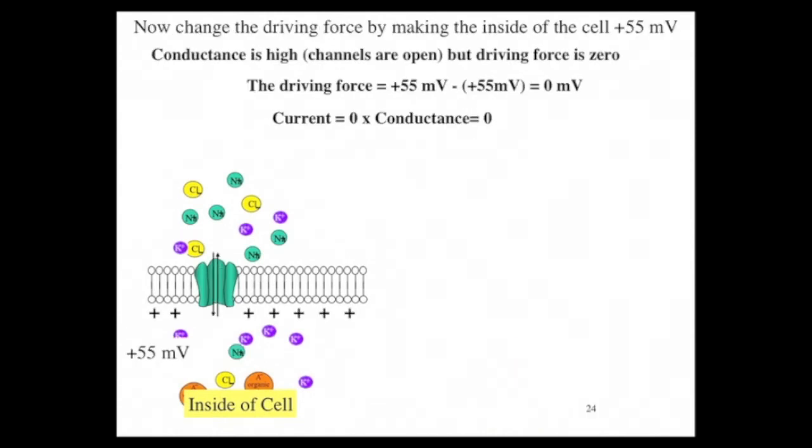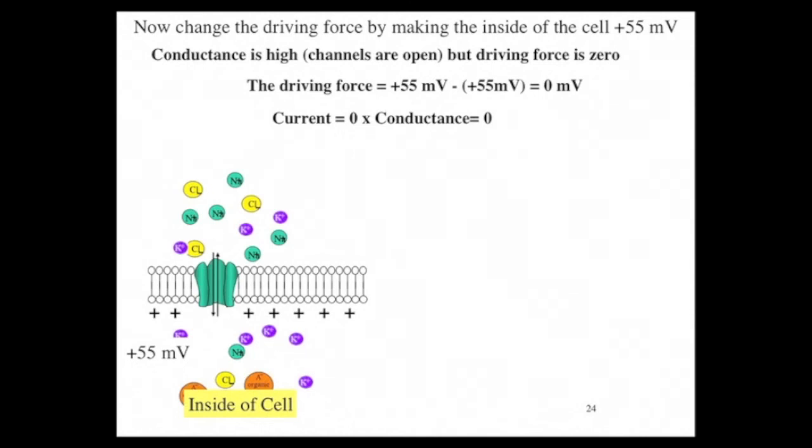And now, let's leave the conductance high, but make the driving force 0. And we make the driving force 0 by setting the membrane potential at the sodium equilibrium potential, plus 55 millivolts. So the driving force will be plus 55 millivolts, which is the inside of the cell, minus plus 55 millivolts, which is the equilibrium potential for sodium.